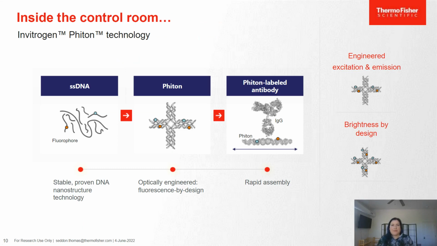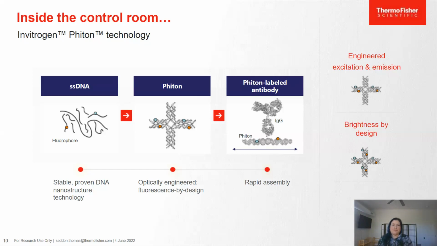And so that's what we tried to do here. You can see with the Invitrogen Phyton technology, we're taking single-stranded DNA, and then it is folded into this cruciform structure. And what that allows for is for us to position dyes very specifically on this structure. And so we can actually engineer the excitation and emission.